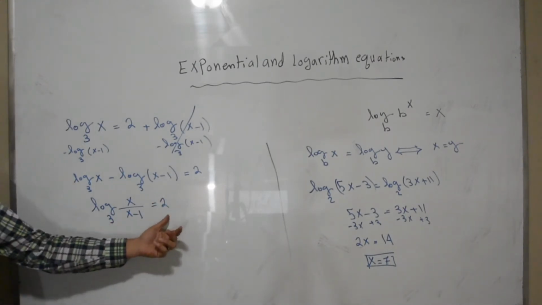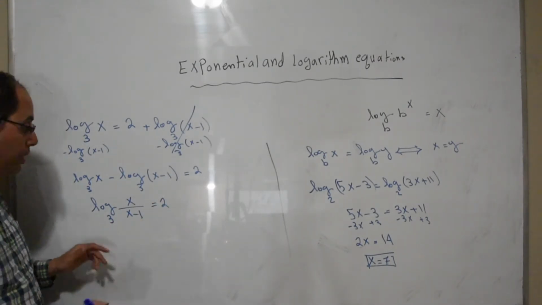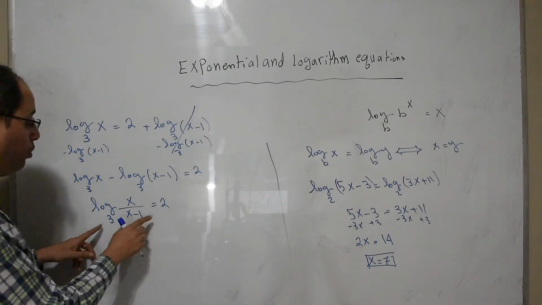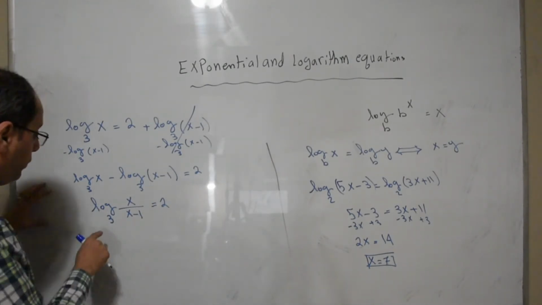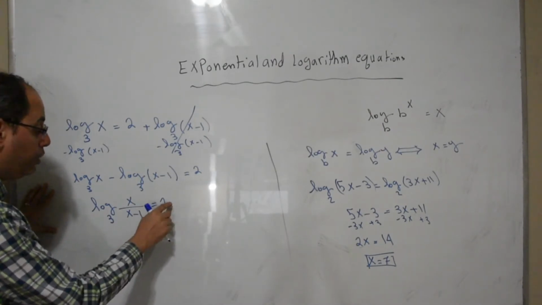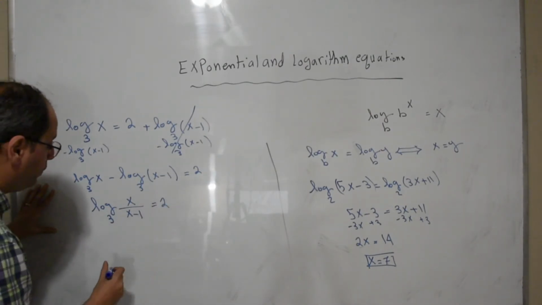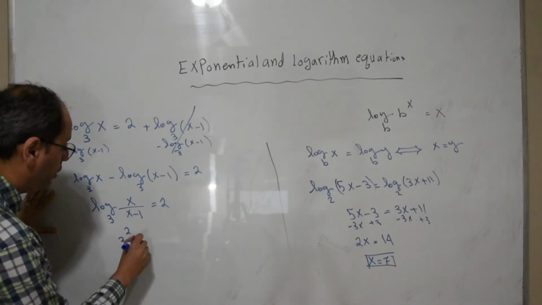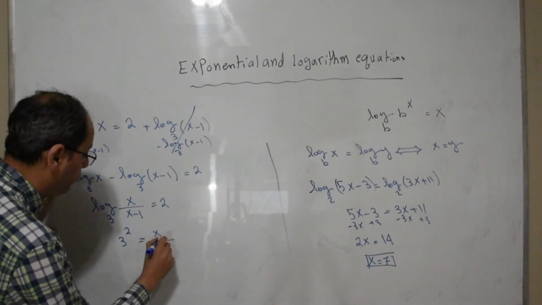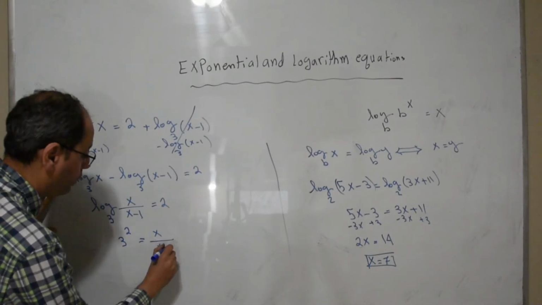and this is equal to 2. So one log equals a number. This is logarithm form. Can I convert it to exponential form? Base to the exponent equals the argument. So now I have 3 squared is equal to x over x minus 1.